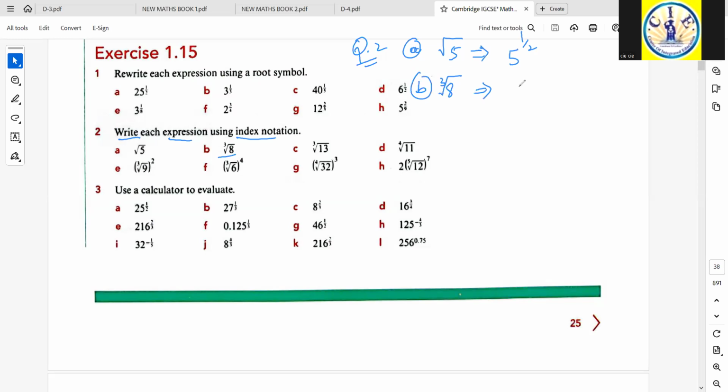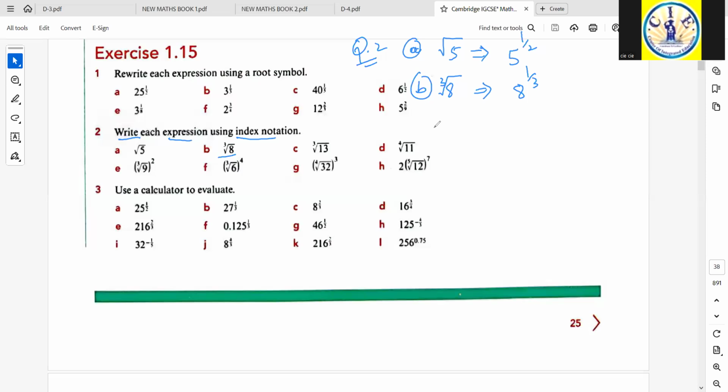That will give me 8 raised to power 1 by 3. Since it is not required to simplify it, we would retain our answer up till here. Okay.